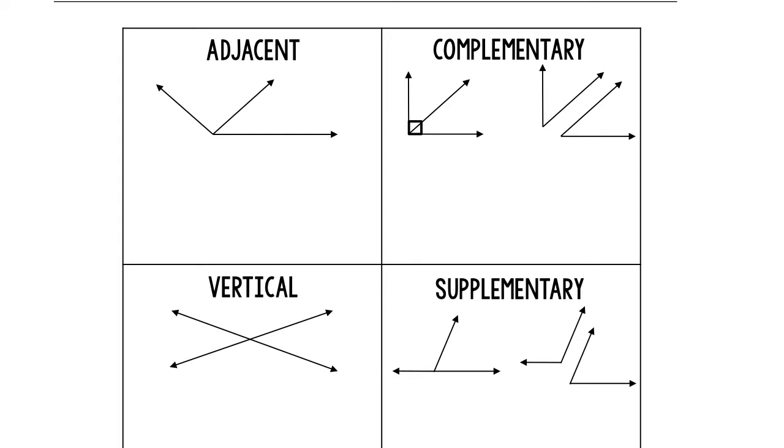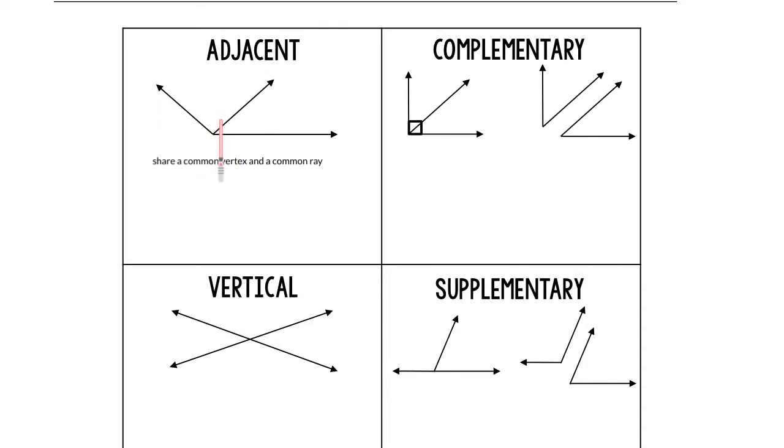So let's get going. Adjacent angles are first. Adjacent angles share a common vertex and a common ray. All right, so let's look at what that means. They share a common vertex right here, where all three of these lines intersect. That's a common vertex.